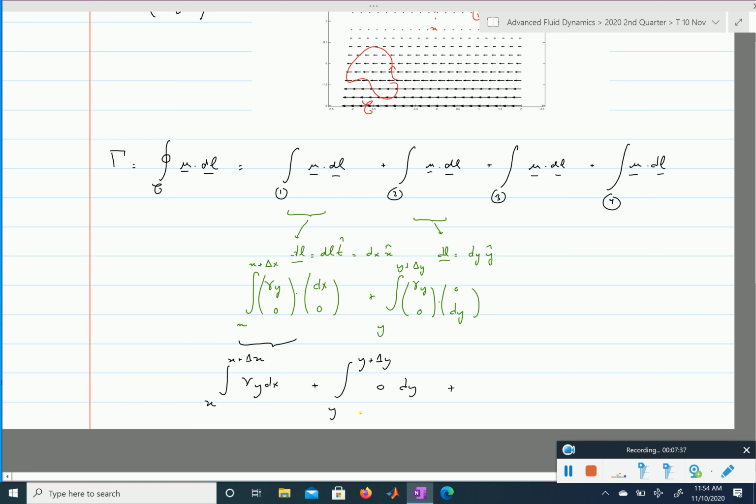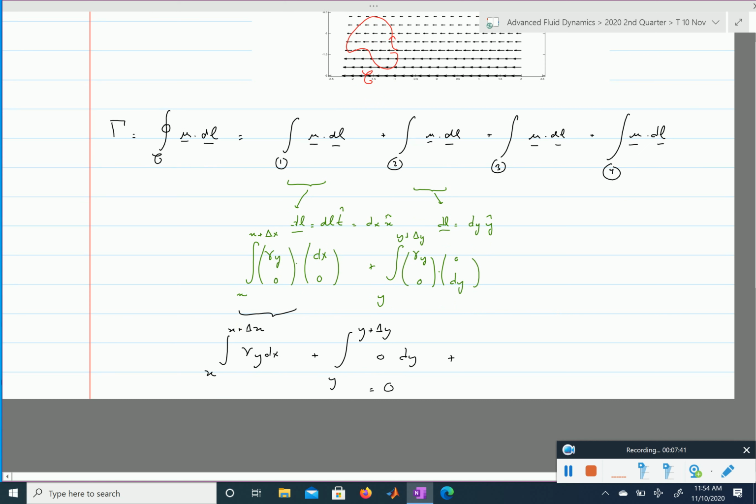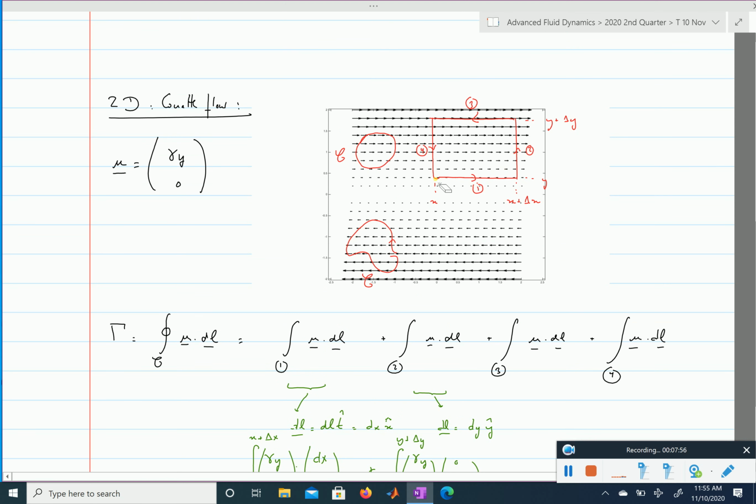Clearly this one is equal to 0, and this one is equal to gamma y times delta x. And you can see clearly, when you're thinking about the circulation, look at the velocity field. The velocity field is in the x direction. When you project it along this direction, you have a net positive component.